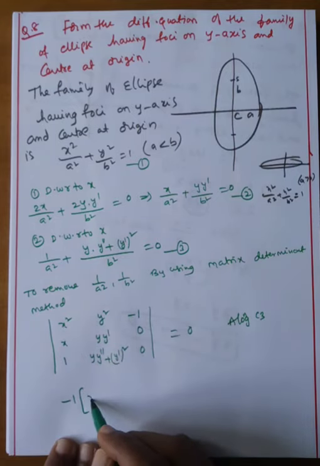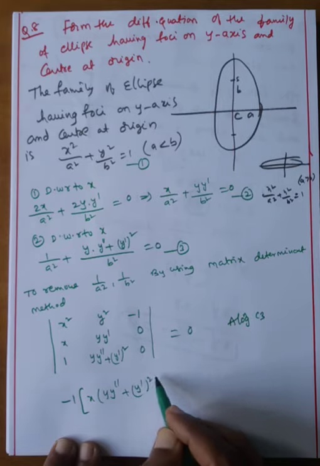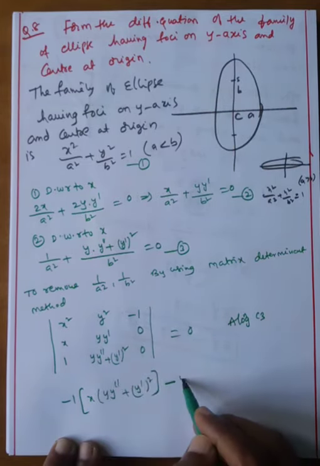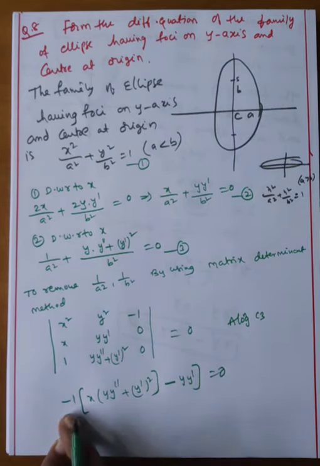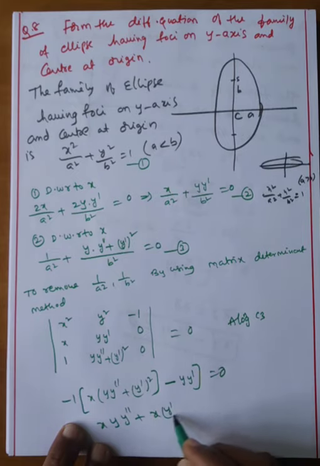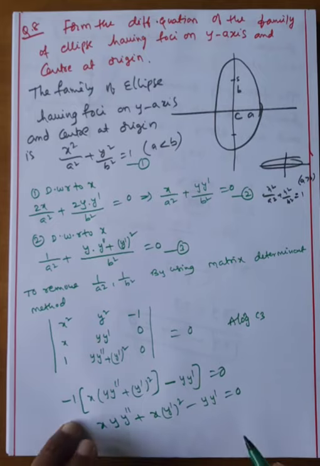Now x into y double dash plus y dash square, AD minus BC, x into this one minus y dash is equal to 0. Okay, my dear students, now this is minus 1 on this side. So this is x y double dash plus x y dash square minus y dash is equal to 0.